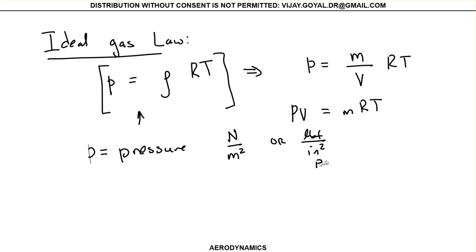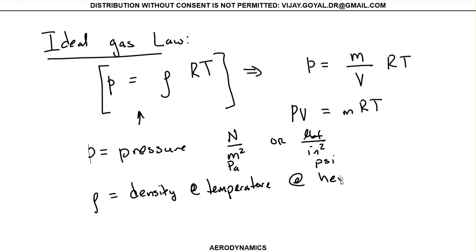Many times we call this PSI, and we may use pascals. Rho is the density of the gas, at the temperature and at the height.